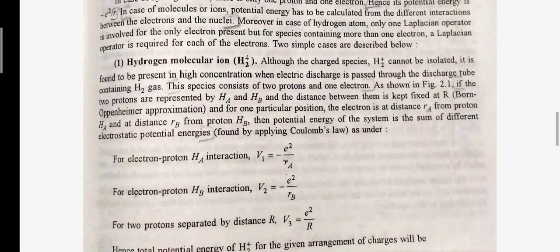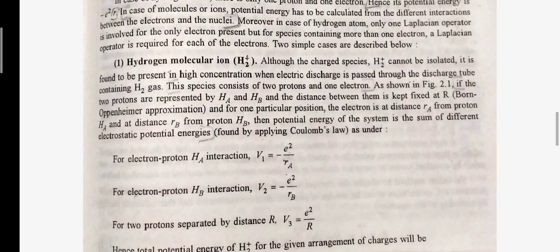For one particular position, the electron is at distance Ra from proton Ha and at distance Rb from proton Hb. Then the potential energy of the system is the sum of the different electrostatic potential energies found by applying Coulomb's law as under.